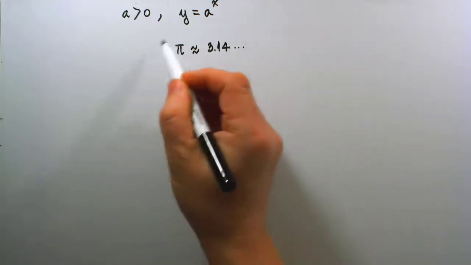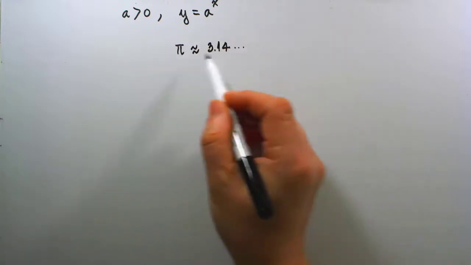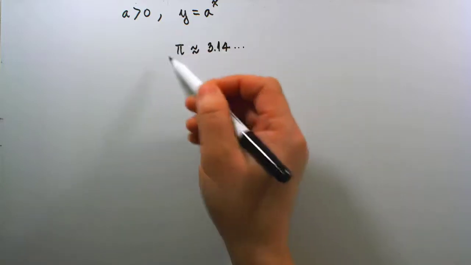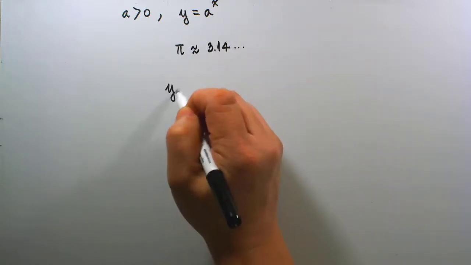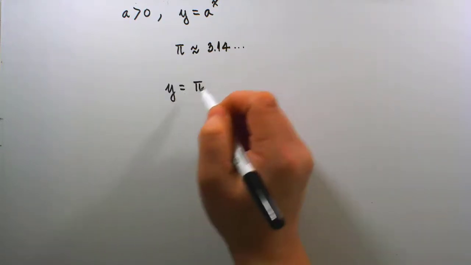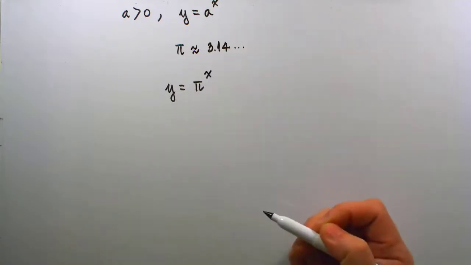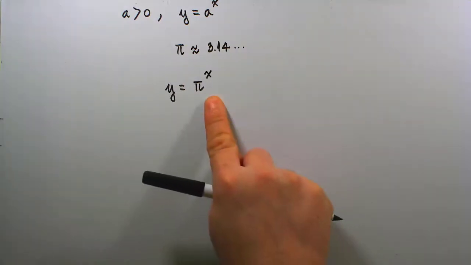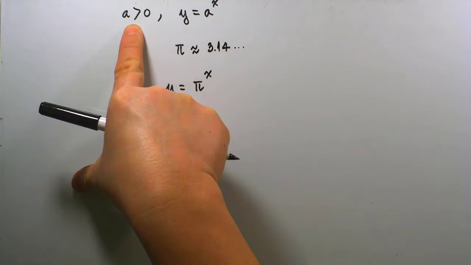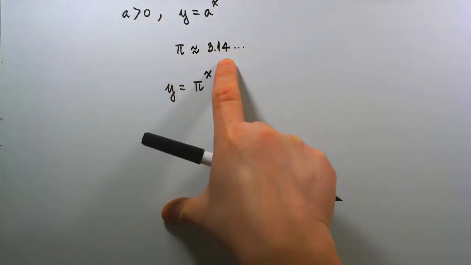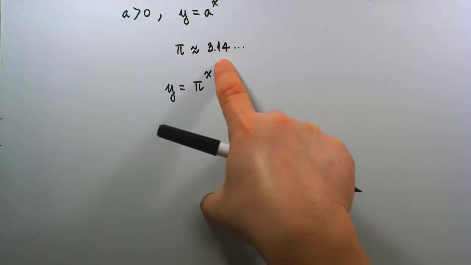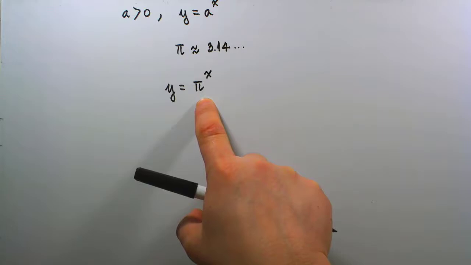But now, looking strictly from a numerical point of view, this value is a positive constant, and as long as it is a positive constant, we can simply define an exponential function just fine to be y equals pi to the x, just like that. My point again is to emphasize that anytime we have a positive value, and it doesn't even have to be a whole value, in this case a quite lengthy decimal, we can already define an exponential function.